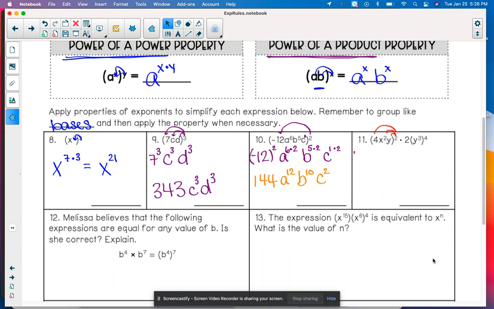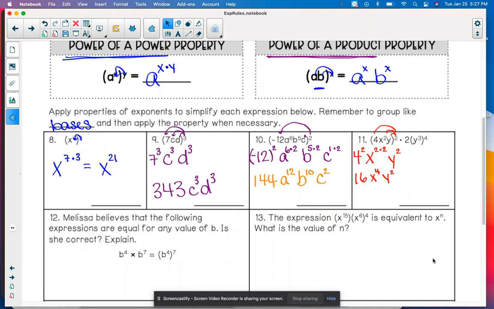So I have 4 squared, and then x to the 2 times 2, and y squared. When we simplify this, we get 4 squared is 16, x to the 4th, y squared.